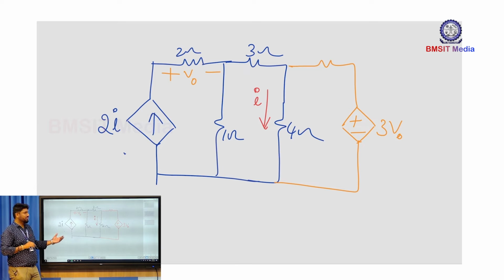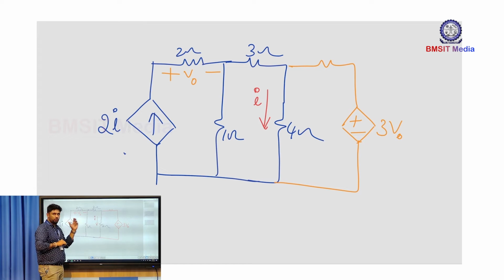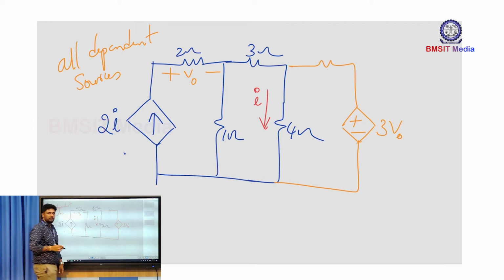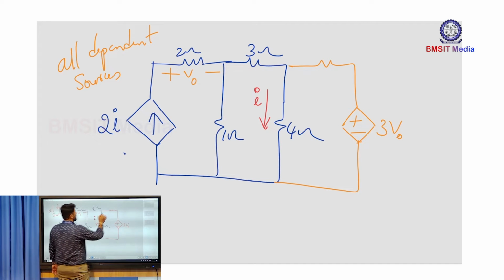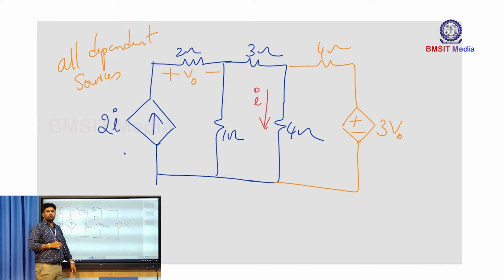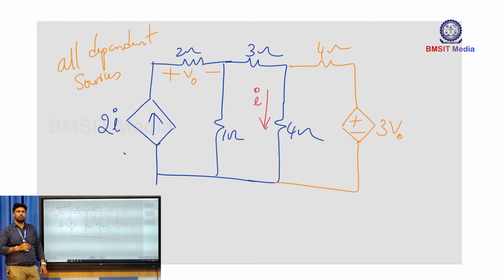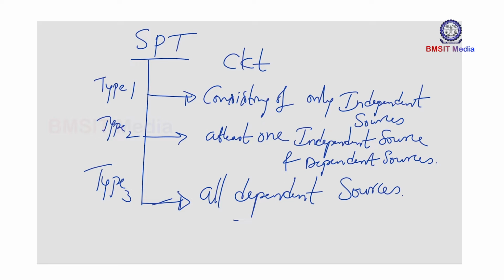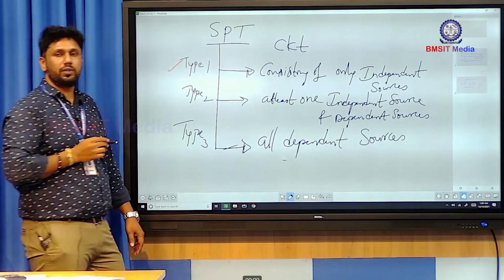Whenever a circuit consists of all dependent sources, the response in any branch, that could be voltage or current, will be 0. So that is the case 3 kind of problems.